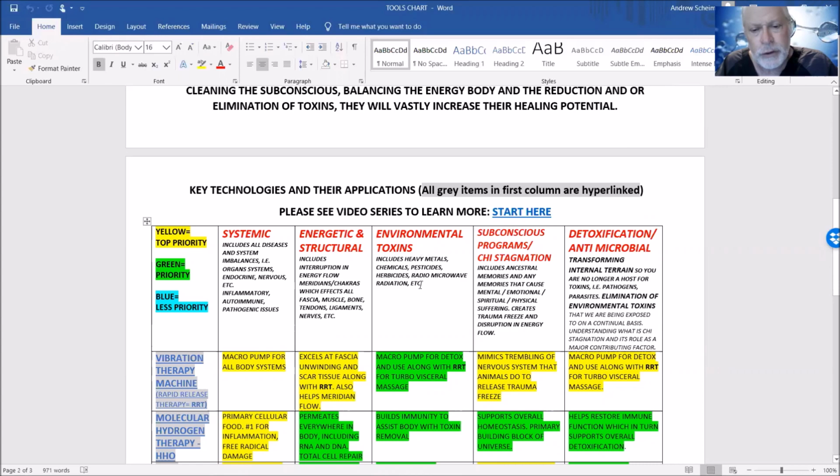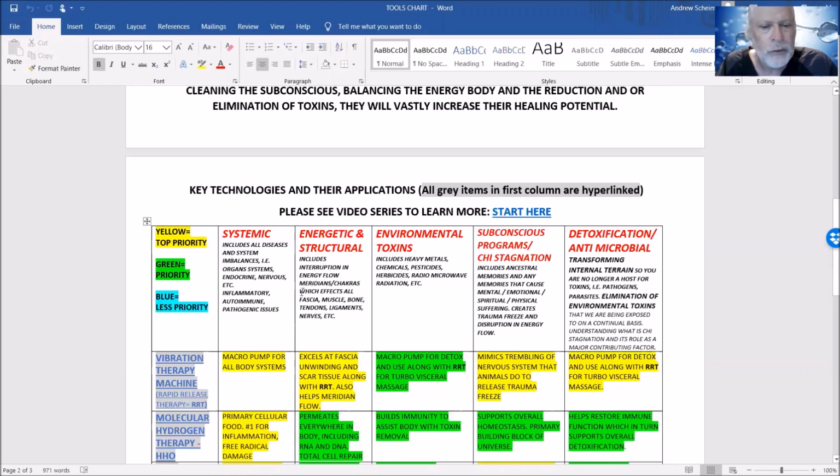There's a much greater incidence of brain cancer these days due to microwave radiation exposure. So basically, one needs to be aware of these environmental toxins and learn how to offset them.